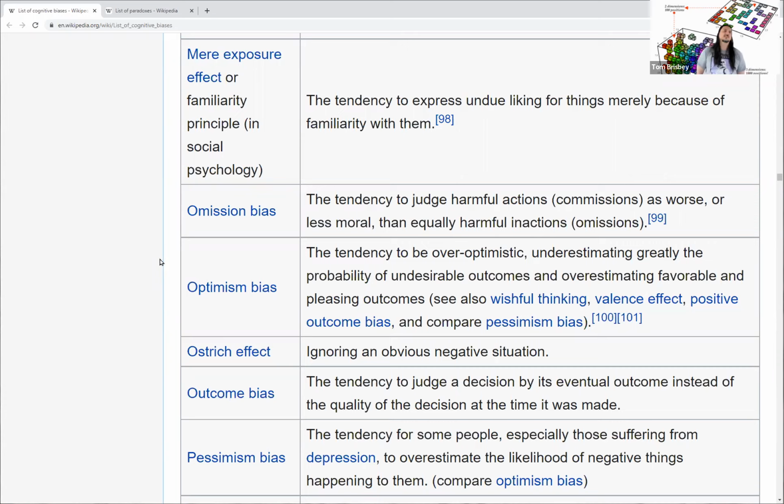Omission bias, the tendency to judge harmful actions as worse or less moral than equally harmful inactions. So yeah, you would say that somebody who does an act is worse than somebody who doesn't do an act and something bad happens. Now that one's loaded with whatever story you want to tell about who was good and bad.